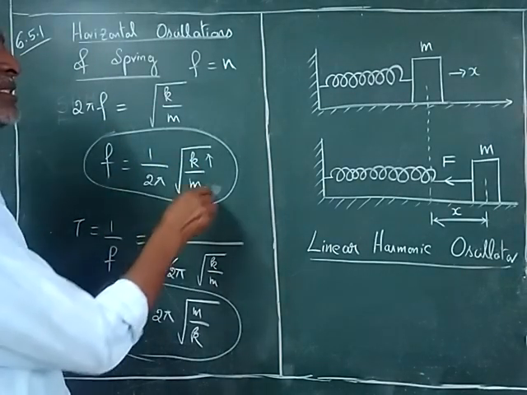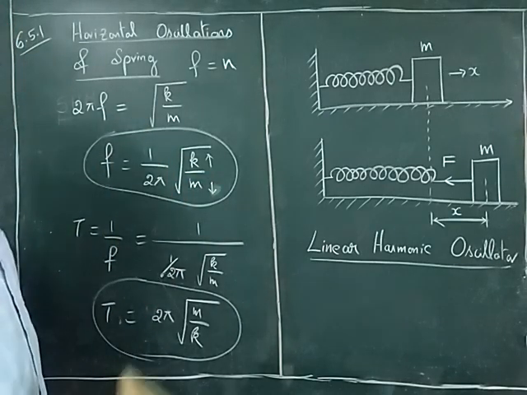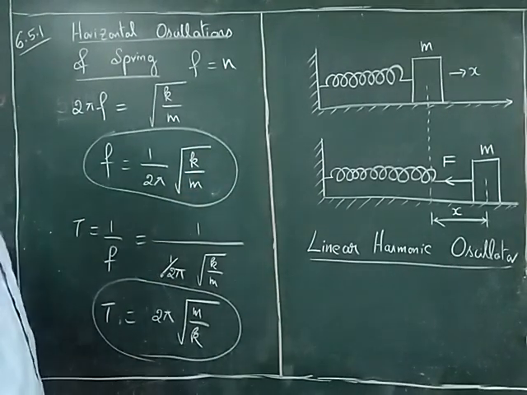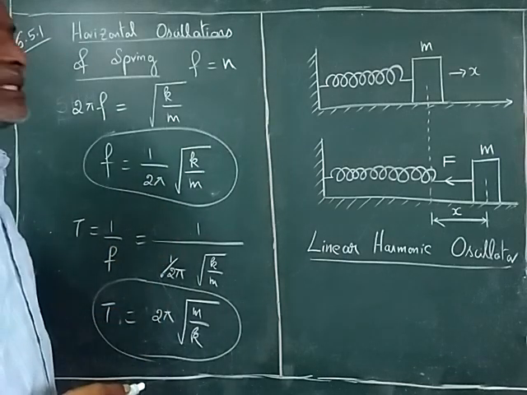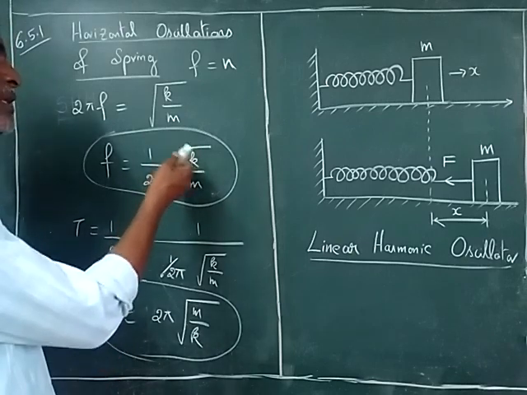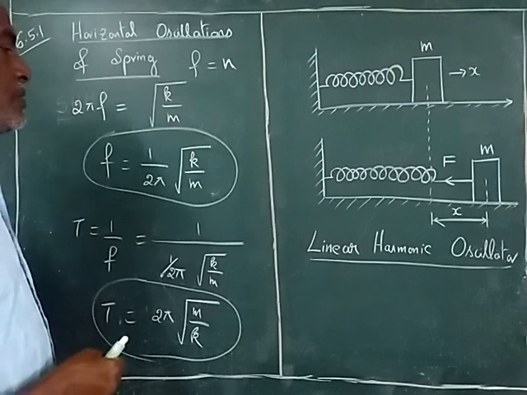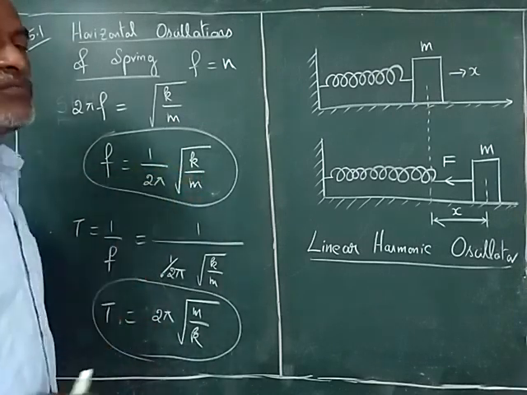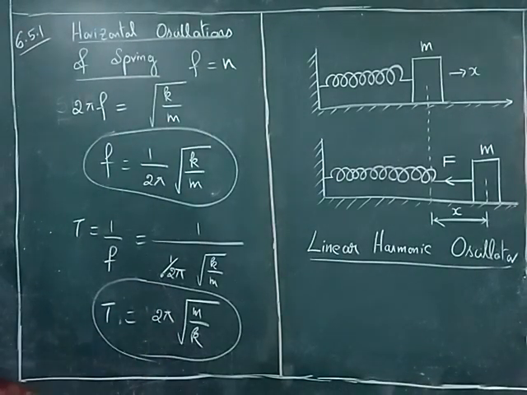If k is increased and mass is decreased, we can increase the frequency greatly. But for a particular material, the spring constant is roughly a constant, so nothing can be done with k after choosing the material. So the frequency of the oscillation is inversely proportional to the square root of the mass of the object. That's the significance of this lecture.